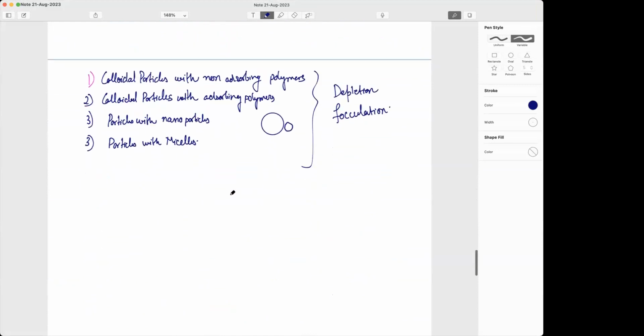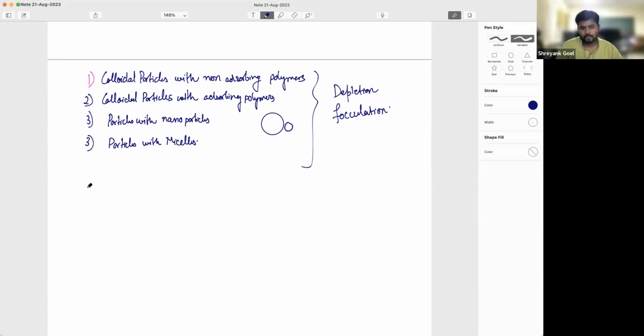In the depletion interaction, as discussed, the depletion potential becomes infinity when h is less than 0.